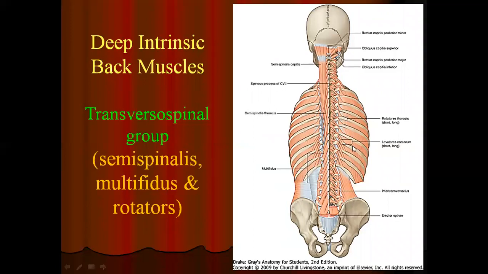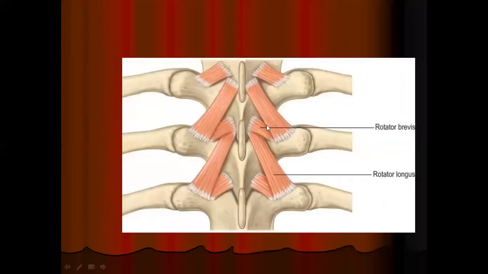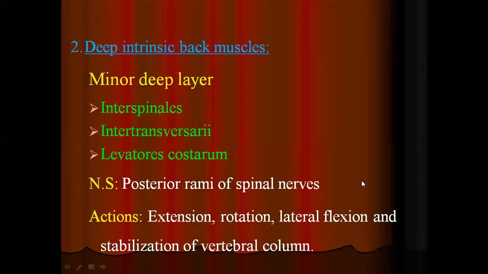And of course, these are the rotators, thoracic, short and long. These rotators are connecting the laminae of the vertebrae to the transverse processes. If they are short in size, you call them rotator brevis. If they are long in size, we use the word rotator longus.